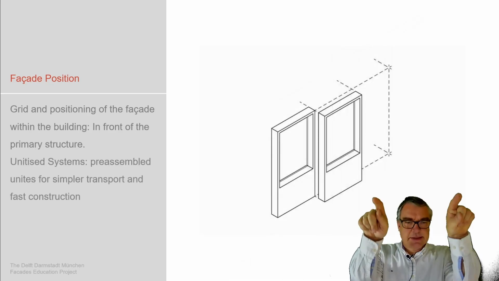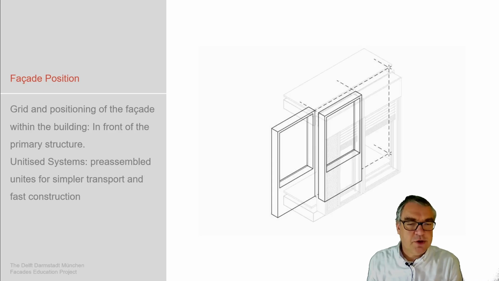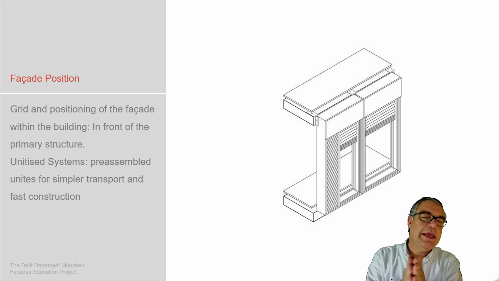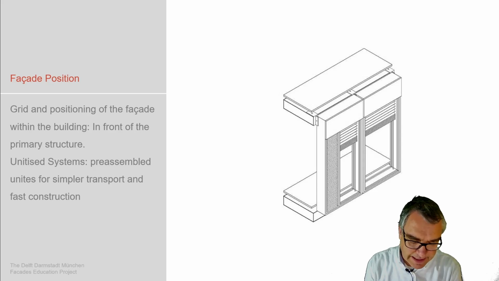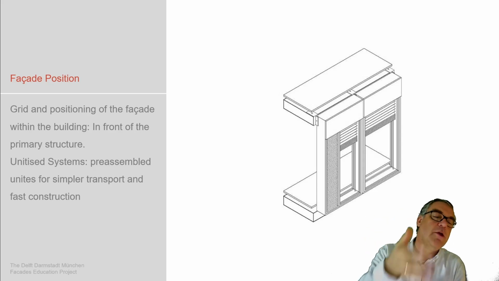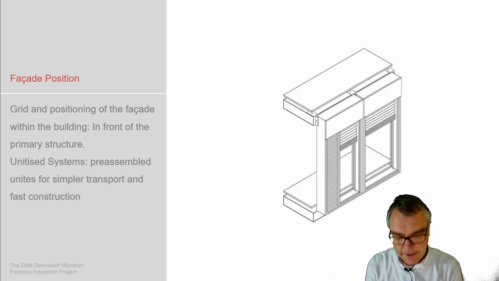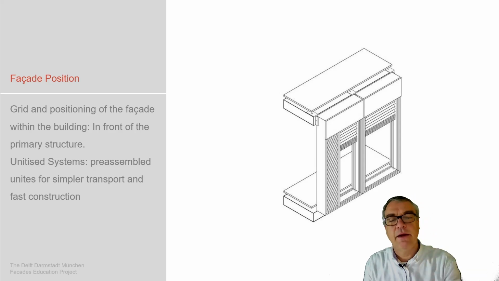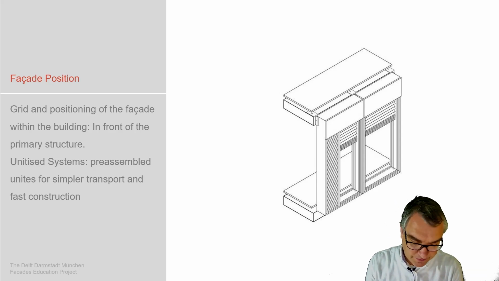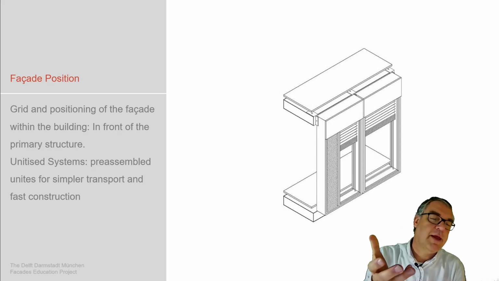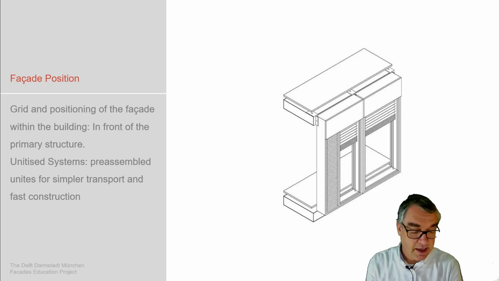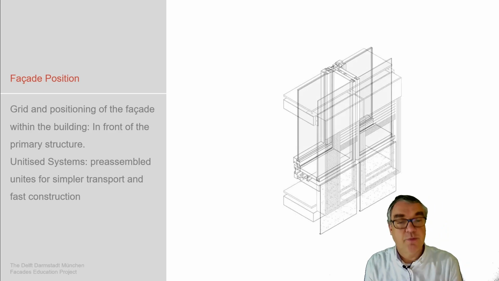Unitized facade means it's an entire frame which contains all components which we need for the facade. So the inner layer of insulated glass units with an openable window, the outer layer in the case of a double facade with a single layer, all the louvers, all the sun protection devices being brought in position are installed in the factory into these unitized facades, and then they are brought on site to be installed.